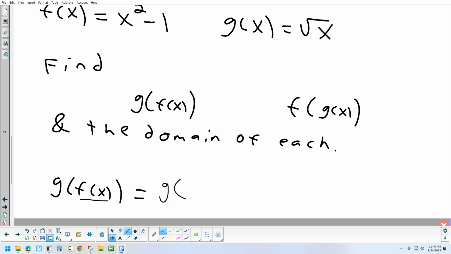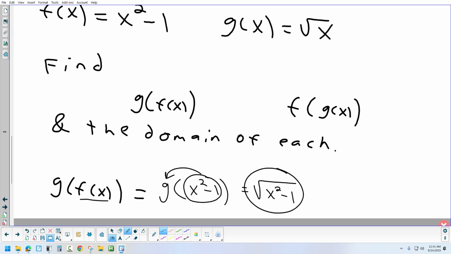So it's g of, look up f of x, x squared minus 1. So now when I fill this in to function g, what would I get? Yeah. Square root of x squared minus 1. So that's g of f of x.